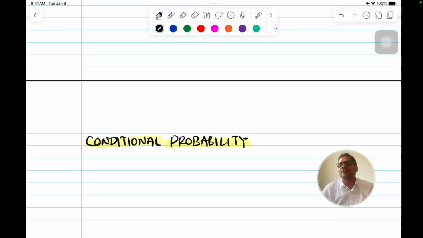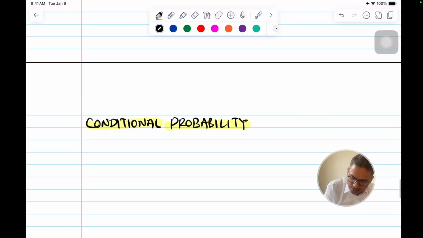If I define it, we say that it is the likelihood of an event A occurring given that another event B has already happened. So let me define it and then I'll give you more.